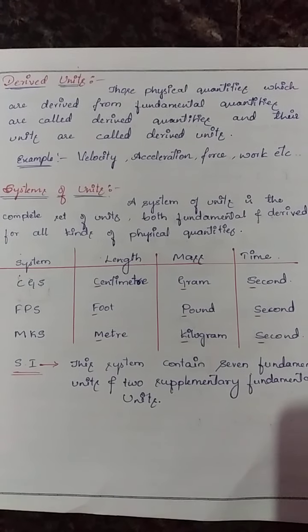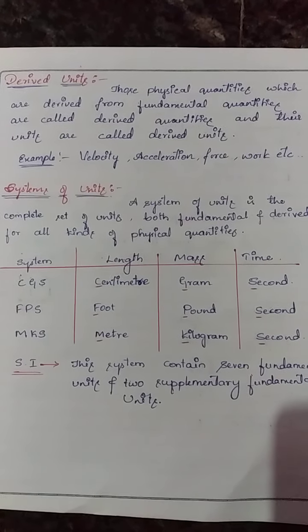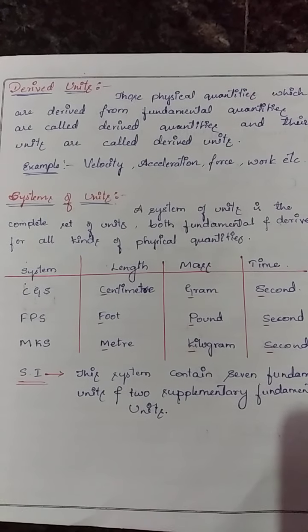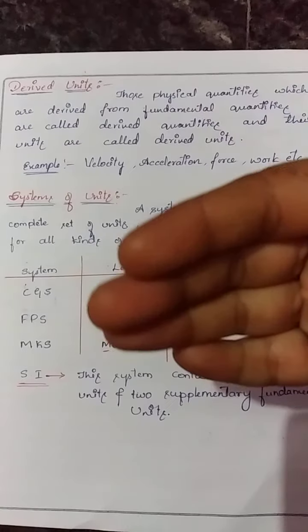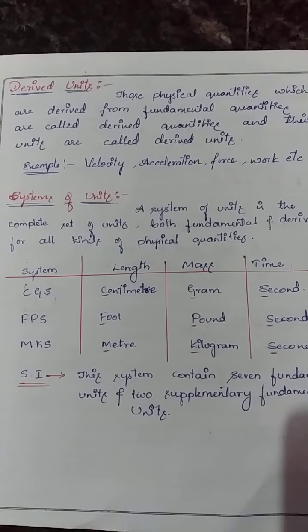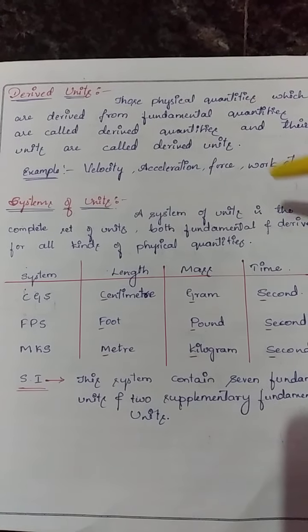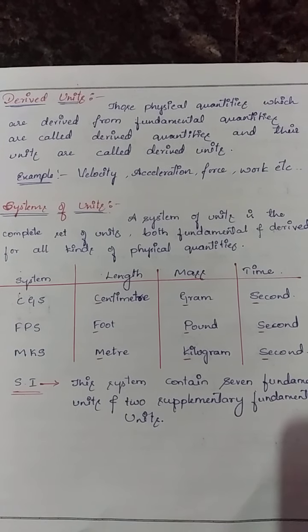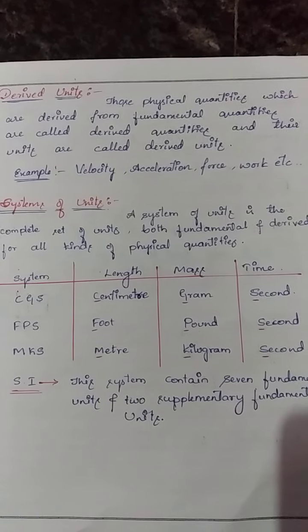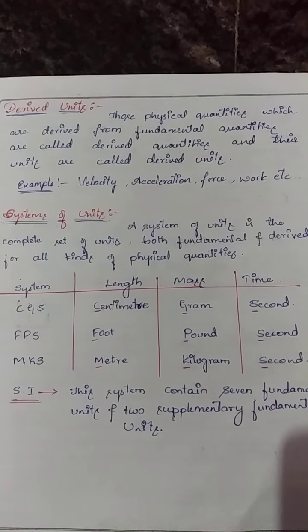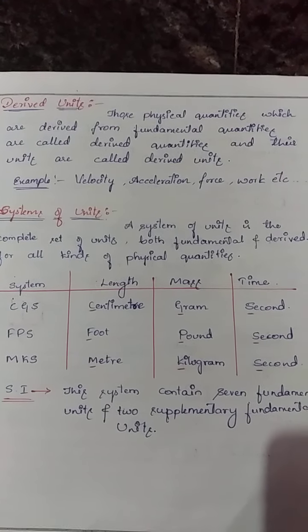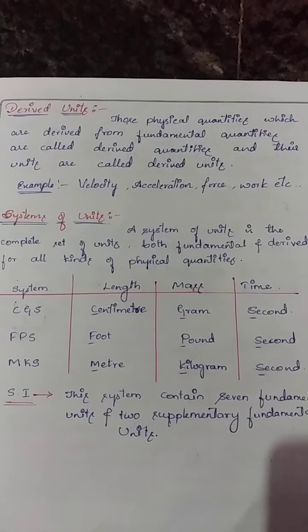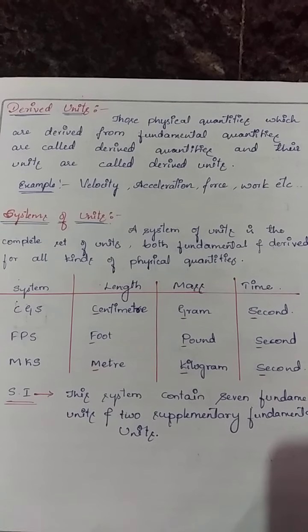And another very important one, derived units. Derived means bringing from one form to another form. Those physical quantities which are derived from fundamental units or quantities are called derived quantities, and their units are called derived units.